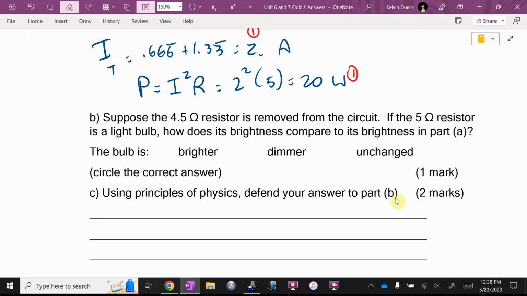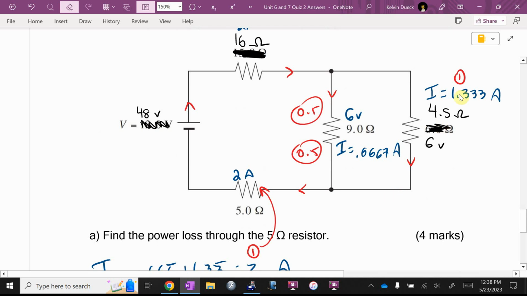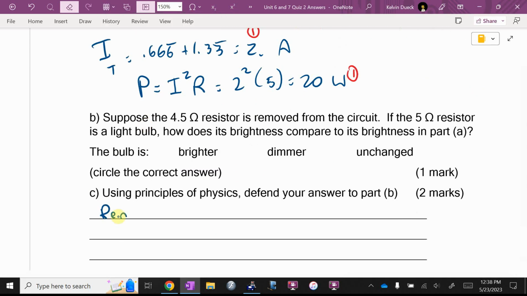Okay, you know what? I'm just going to quickly resolve it. Well, hang on. Maybe I can solve it without doing that. We're removing a resistor in parallel. When you remove a resistor in parallel, our total resistance actually goes up.